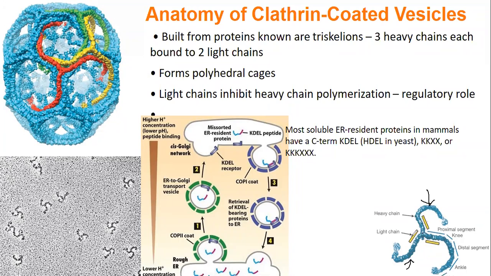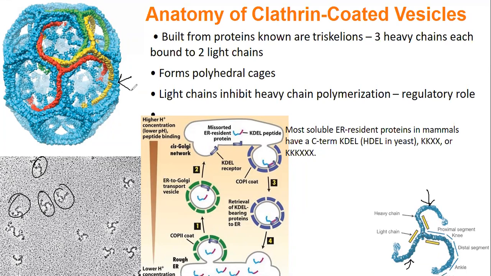Now, when you do not need to make a vesicle, the light chains will be bound to the heavy chains, and the light chains are a way to prevent polymerization. And so we can see in this image down here, we have a bunch of Clathrin that is not forming a vesicle, and that means our light chains are bound. However, when you need to form a vesicle, the light chains are removed, and then you can form this polyhedral cage.